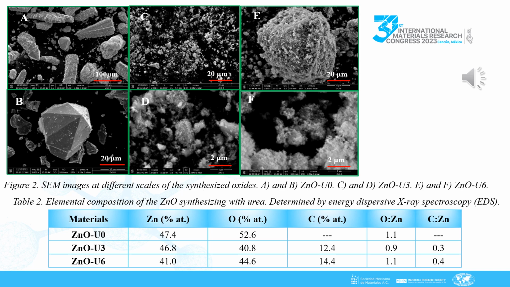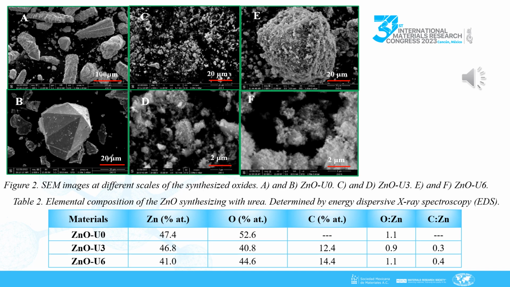Table 2 summarizes the elemental composition of the synthesized zinc oxides. The materials synthesized with urea have a zinc to oxygen molar ratio equal to 1 plus or minus 0.1, which agrees with the stoichiometry of the zinc oxide compound.